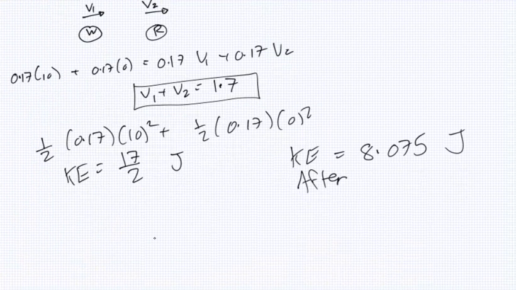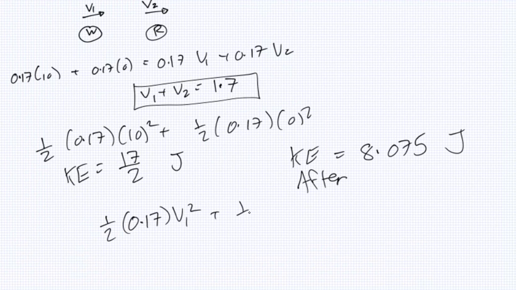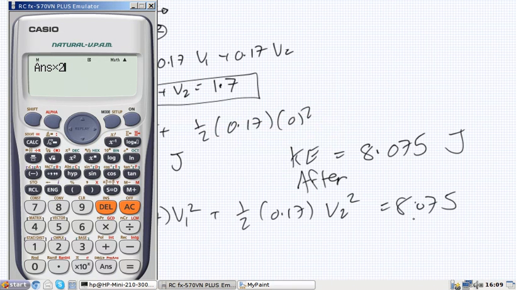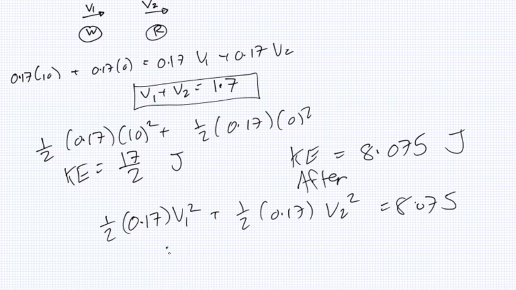So we can now say a half m v1 squared plus a half m v2 squared equals 8.075. If I multiply that by 2 and divide by 0.17, then I get v1 squared plus v2 squared equals 95.